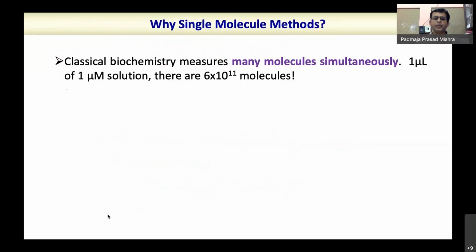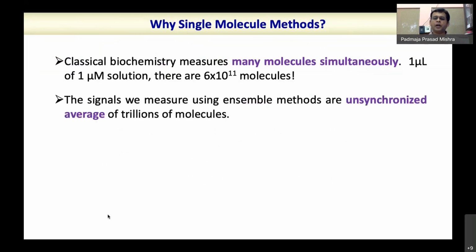When we carry out any experiment at the ensemble level, we take a whole large number of molecules. For example, if you take 1 microliter of 1 micromolar solution, there are about 6 times 10 to the power 11 molecules. If you increase the concentration or increase the volume, the number of molecules increases accordingly. So because we carry out the experiment taking a huge number of molecules, the signals that we measure using this ensemble method are truly the unsynchronized average over trillions of molecules.